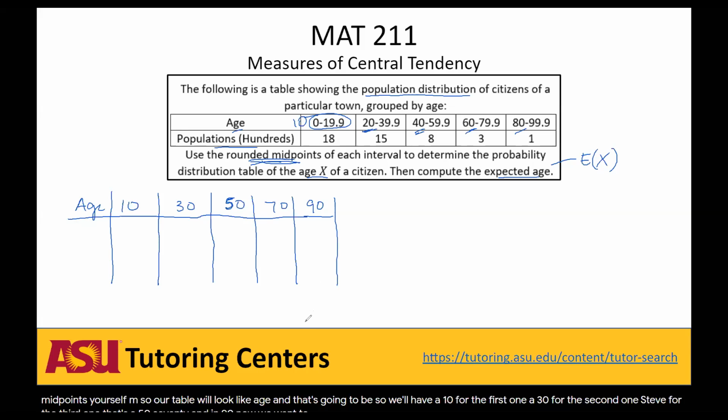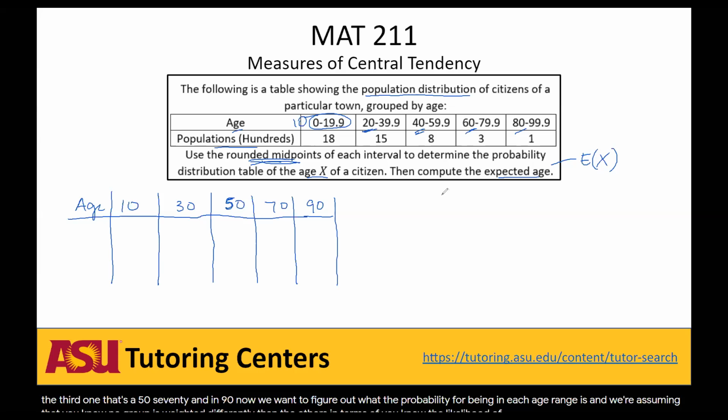Now, we want to figure out what the probability for being in each age range is. And we're assuming that no group is weighted differently than the others in terms of the likelihood of being in any one of those.